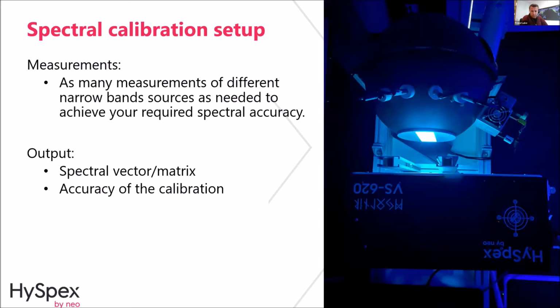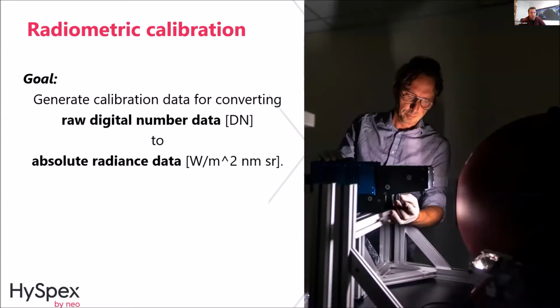This shows a typical setup for the drone system when we are doing spectral calibration. We have a lot of narrow sources across the whole spectral range. This is a visible and SWIR system, combined from 400 to 2500. Then the radiometric calibration. We usually don't use the same source.